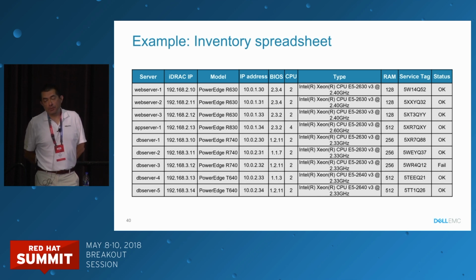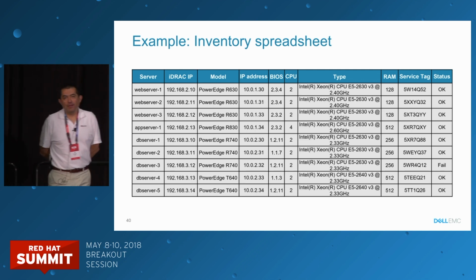But unfortunately, and that's not just this case, but really for any Ansible, when servers come and go, as far as I know, you have to manually maintain that file.